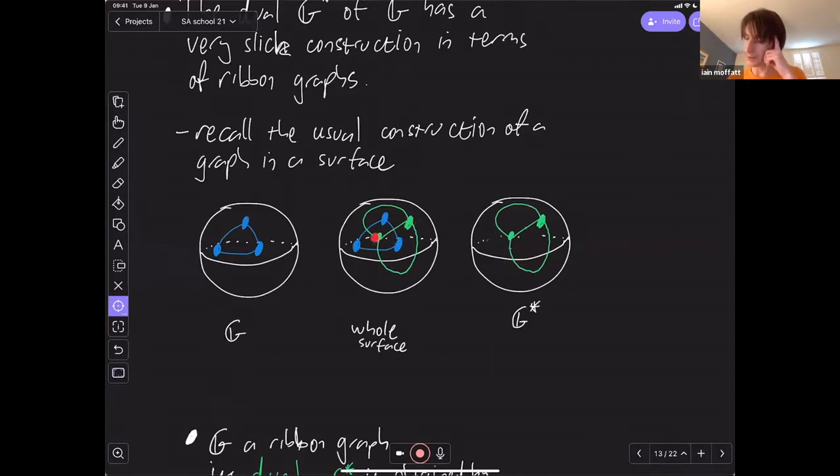And kind of notice in this picture here is that if I blow up these blue vertices to fill in the faces, and these green vertices to fill in the faces, then my vertices of my primal, so in blue, my dual in green, and all of the edges define the whole surface. And this is really the classification of surfaces, because what I'm doing is I'm taking my graph in a surface and just filling in the holes.